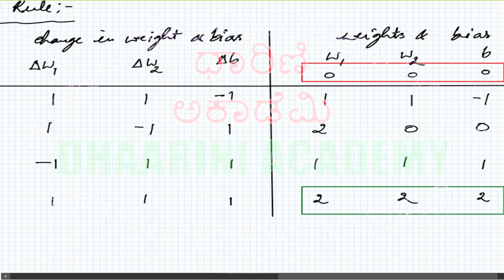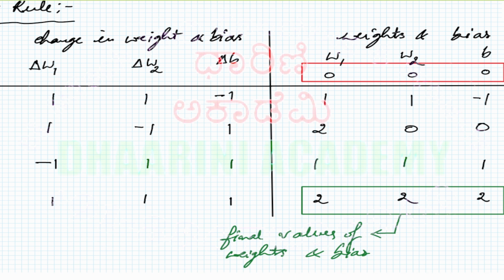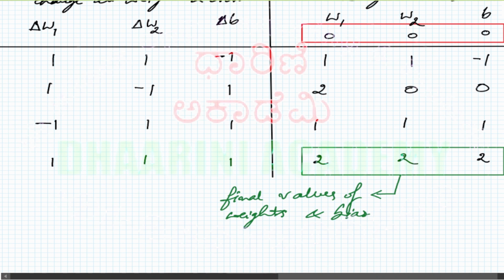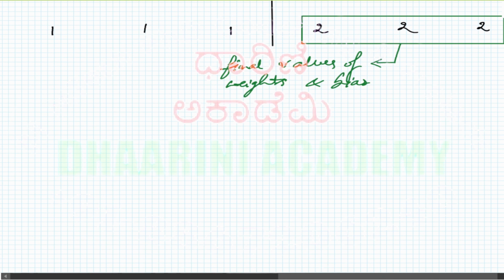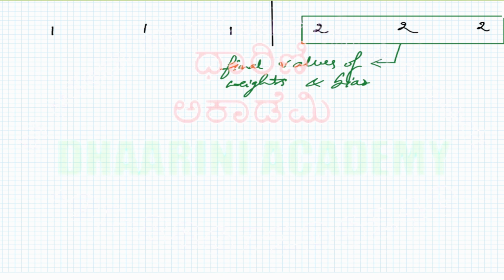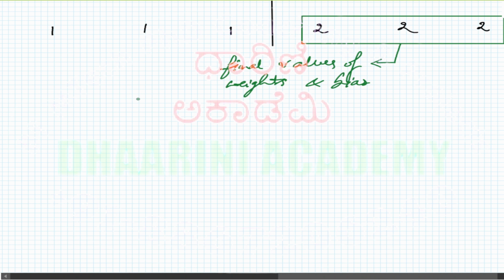So this itself indicates that according to this learning rule, these are the final values of the weights and the bias. Now, if you remember, we have a specific technique to verify whether this is correct or not, right? There is an equation. Whenever we say the machine has learned something, this corresponds to a specific straight line being created by the neural network.